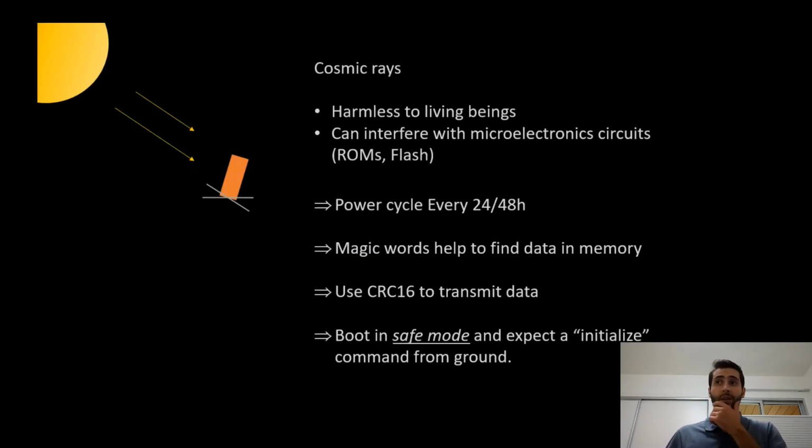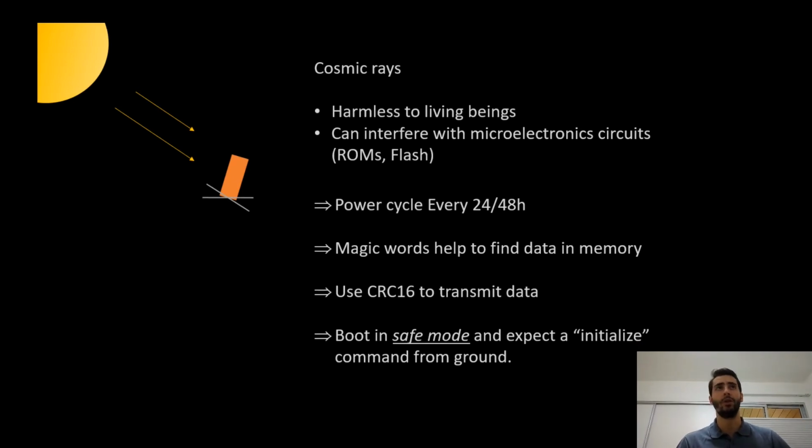Another interesting issue is when you face interference in space, for example cosmic rays. Cosmic rays are harmless to living beings. This is a well-known issue in space, and cosmic rays don't have enough energy to change the behavior of living beings, with cells. But they can interfere with microelectronic circuits because they have enough energy to flip a bit inside a transistor.